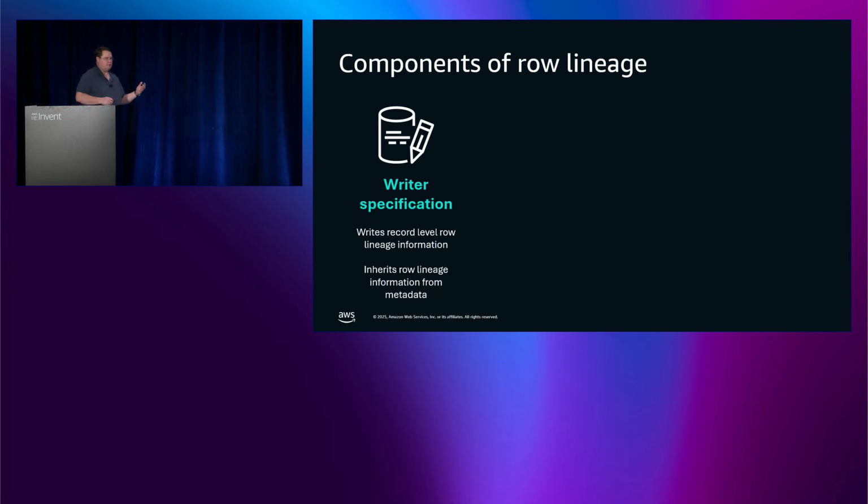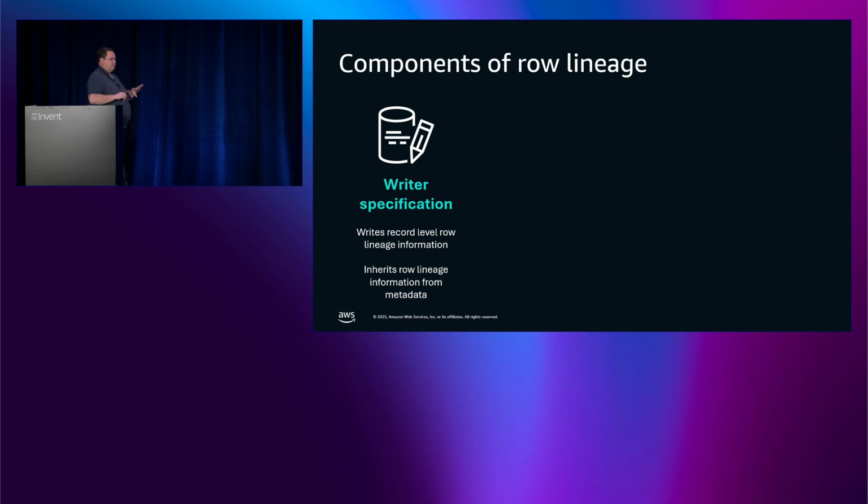So the components of row lineage within the spec: there's a writer specification. To be a compliant Iceberg V3 writer, you have to be producing record level change information. As a writer, you can use Iceberg V3 metadata to understand sequence numbers and row IDs that have been committed to snapshots.